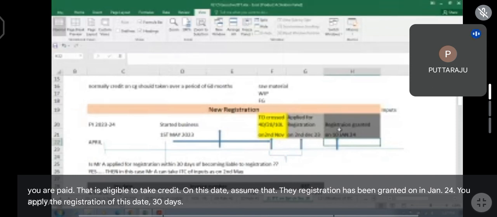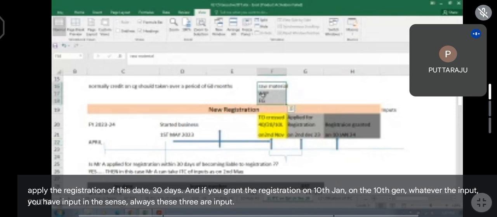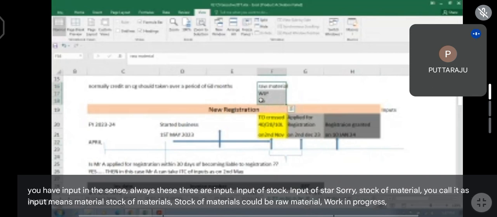If the registration is granted on 10th Jan, then on the 10th Jan, whatever the input you have, input in the sense always these three: stock of materials. Input means material, stock of materials. Stock of materials could be raw material, work in progress, finished goods.